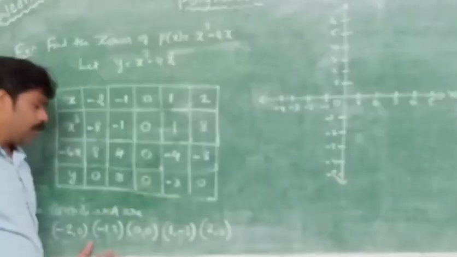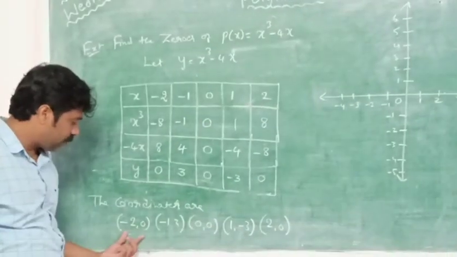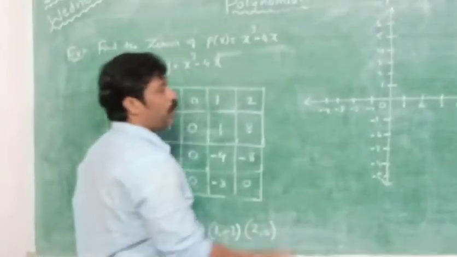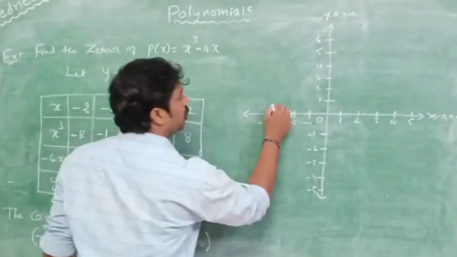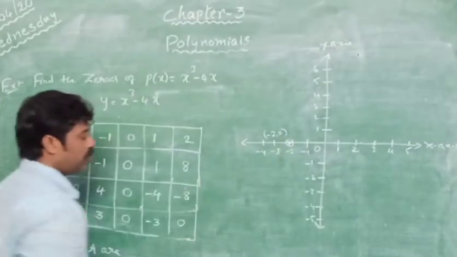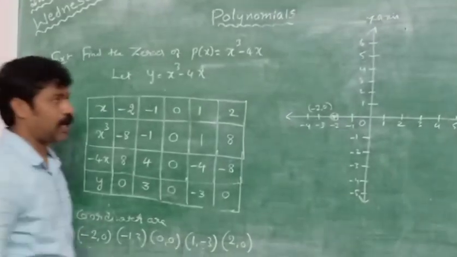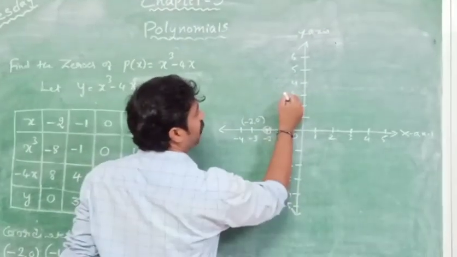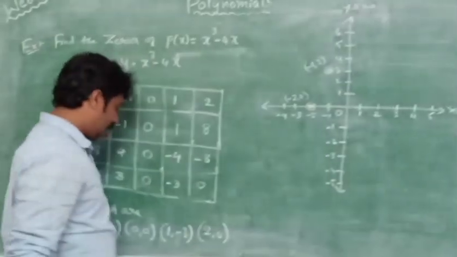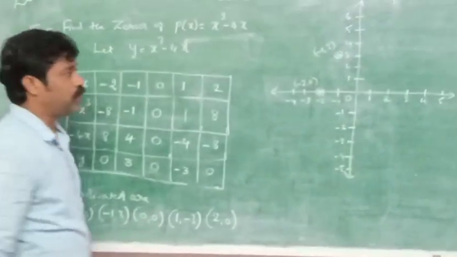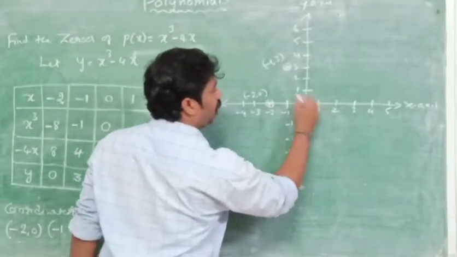Now plot all these points on the graph. The first one is minus 2 comma 0, which is a point on the x-axis. Then minus 1 comma 3. Then 0 comma 0, which is nothing but the origin.